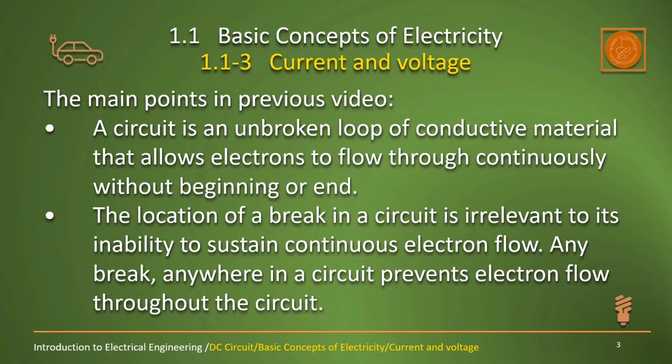The location of a break in a circuit is irrelevant to its inability to sustain continuous electron flow. Any break anywhere in a circuit prevents electron flow throughout the circuit.